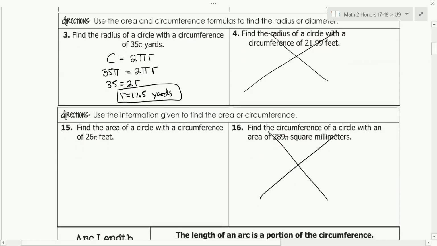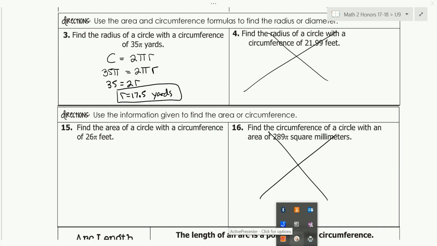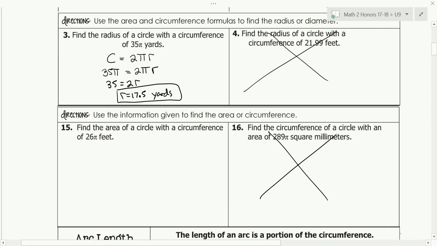Next one I want you to try is 15. Find the area of a circle that has a circumference of 26 pi feet. Jonah, what do you do in 15?